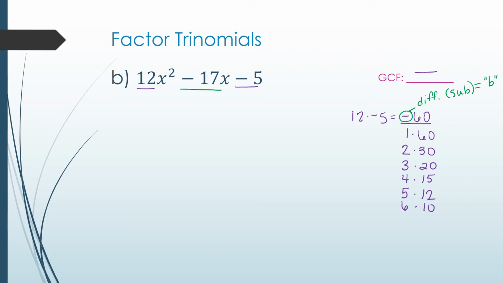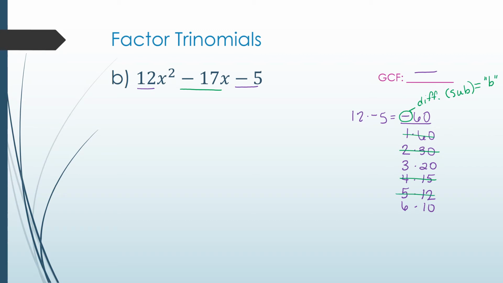So from your list, you see what numbers could subtract to give you negative 17. Well, subtracting 1 and 60, that won't work. 2 and 30, well, that only gives you 28. 3 and 20, that seems pretty good. 4 and 15, nope. 5 and 12, now remember, you're subtracting.